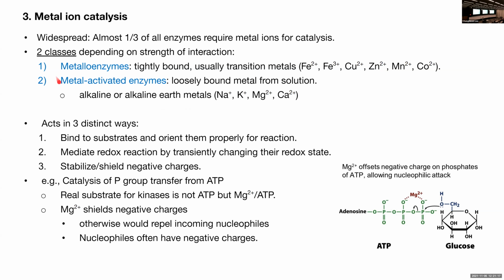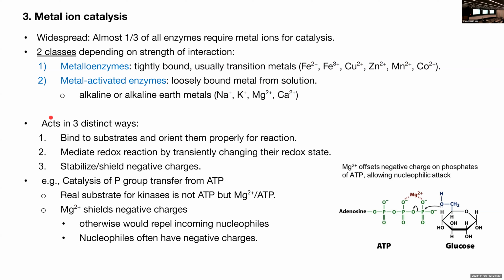Another class is the metal activated enzyme that has loose binding between the metal ion and the enzymes or the substrates. And typically, alkali or alkaline earth metals are involved there, like sodium, potassium, magnesium, and so on, calcium.